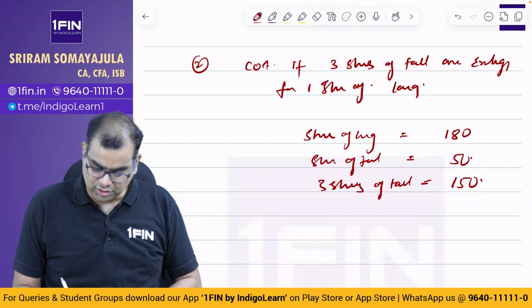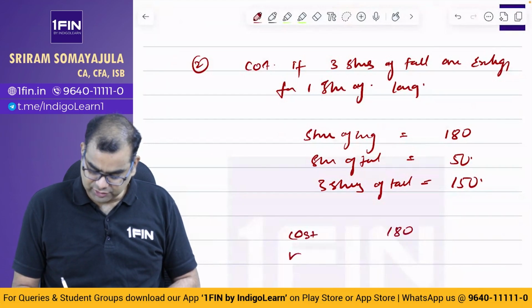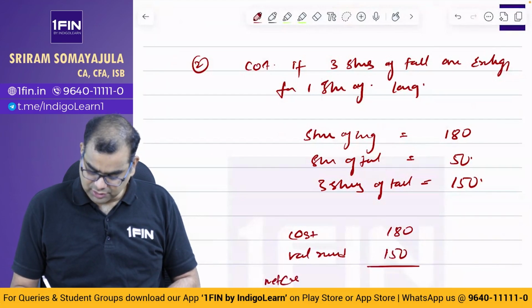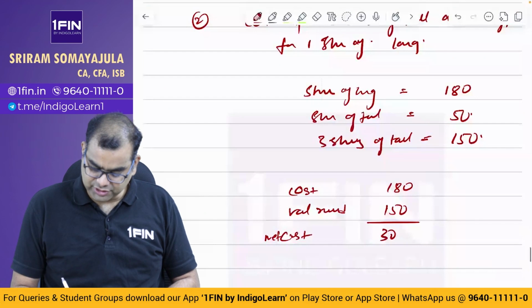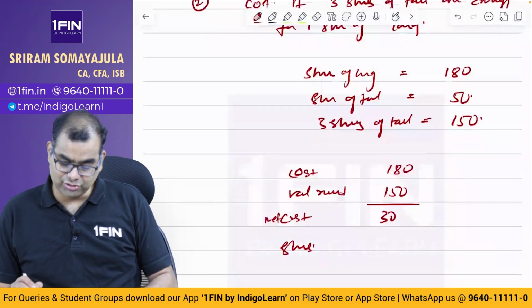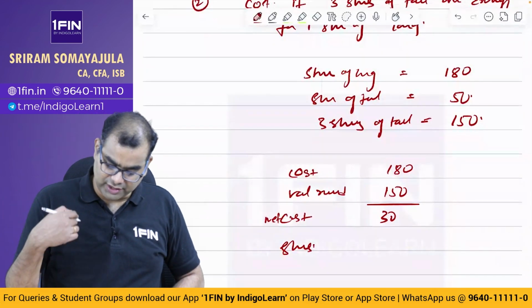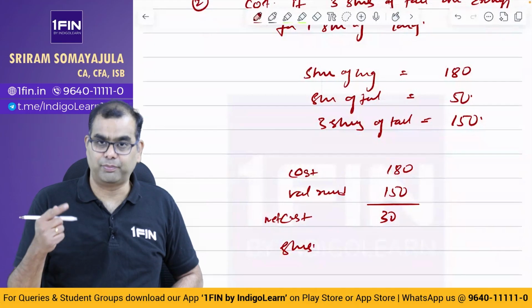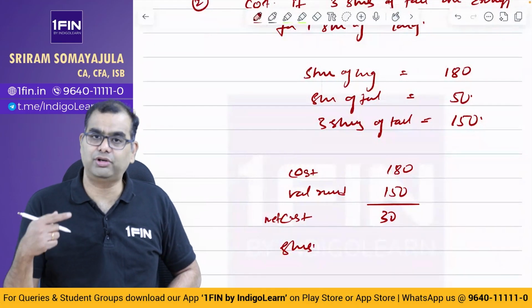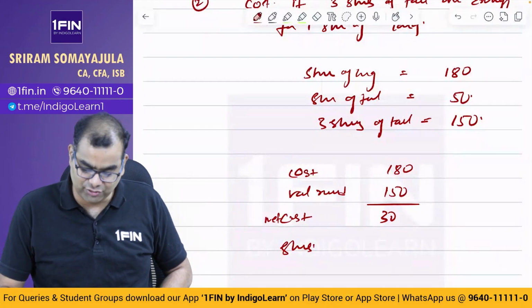Okay, cost is 180, value received is 150, net cost is 30, and how many shares? How many shares are you issuing like this? See, for each share of yours that you have issued, you've lost 30 bucks. But how many shares have you issued?